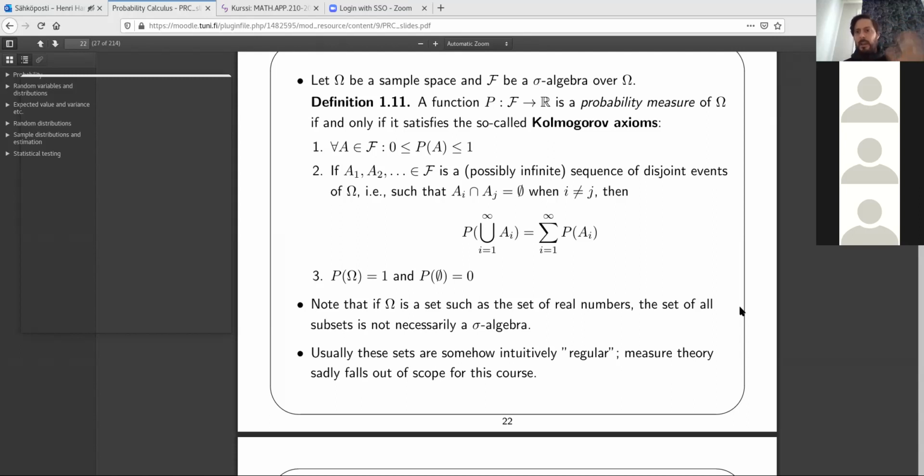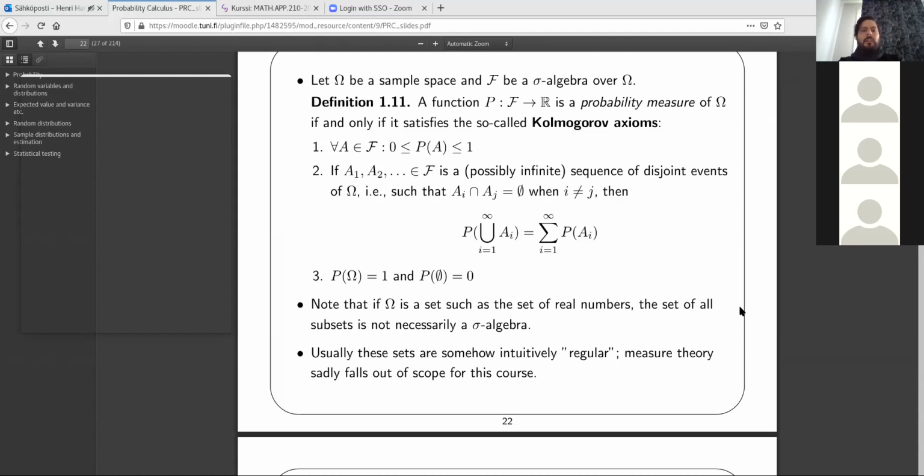So something always happens when you measure them. And if you take events that cannot happen together, then their probabilities can be added. It doesn't have a lot of assumptions to it, but it turns out to be a very powerful tool.